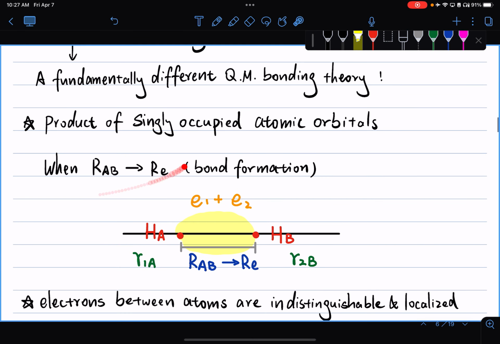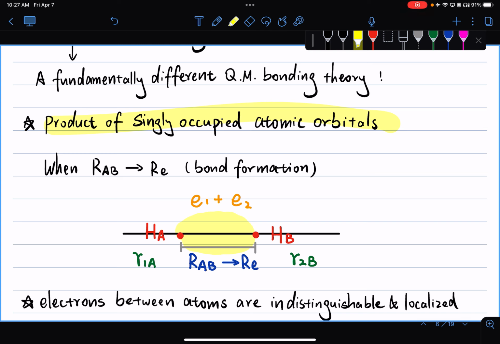Or the other way to think about it is the same idea. We're imagining a situation where hydrogen atom A and hydrogen atom B approach each other. What we're talking about using valence bond theory is that a product of singly occupied atomic orbitals will form a chemical bond. In this case, both HA and HB have a singly occupied 1s atomic orbital.